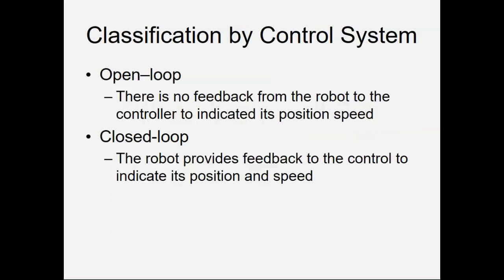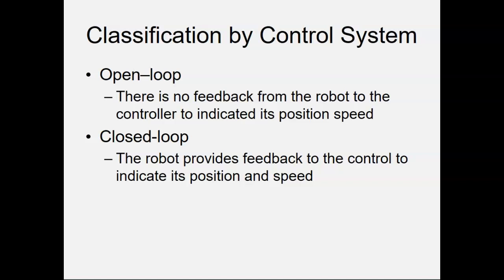So classification by control system, we have two types. We have open loop, which again, no feedback. Y'all know what feedback is, right? Okay. No feedback is given to an open loop robot, which means it has no idea what's going on. Okay?